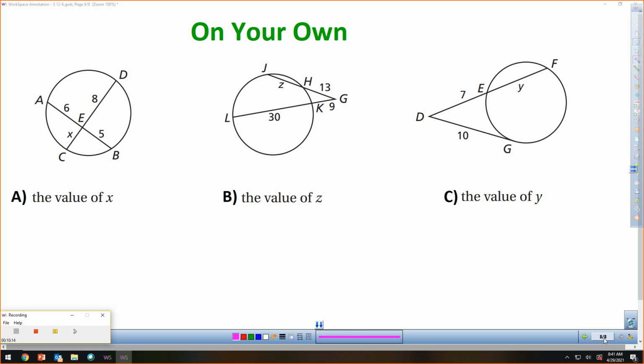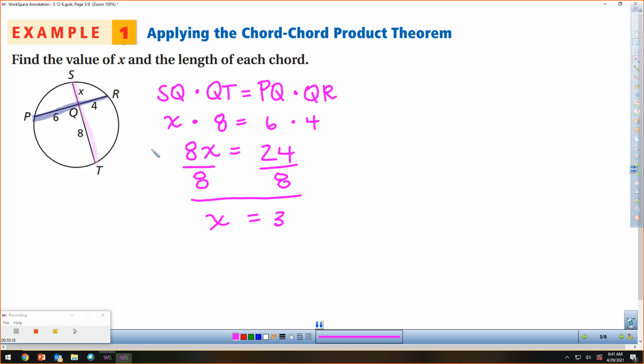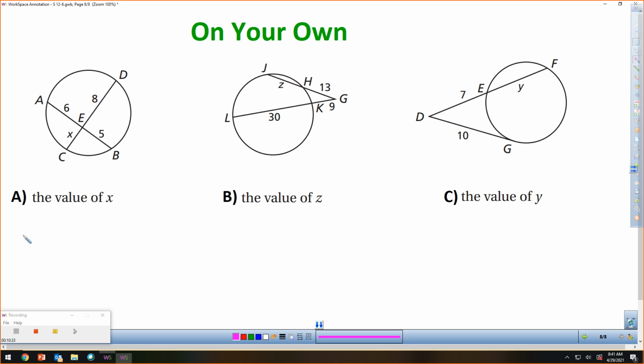So let's look back. How did I set this one up? Okay, so what did I do with this whole segment? What did I do with it? There you go. So AE times EB equals, do the same thing to the other chord.